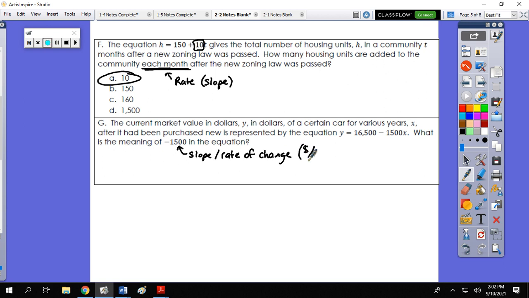It's listed in dollars per month. So when we put this into words, we should say the car loses, right, because it's a negative rate, loses $1,500 of value. Oh, that's in years, sorry. Each year after it is purchased.